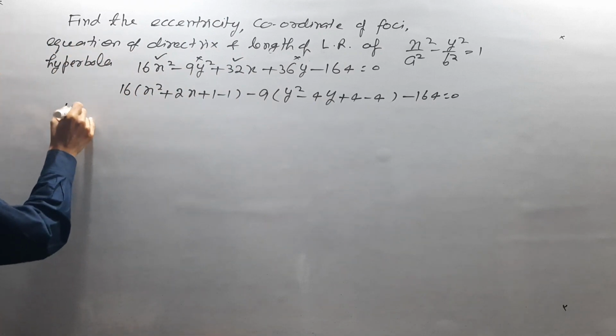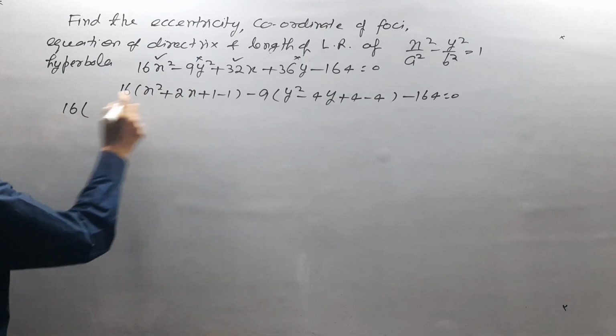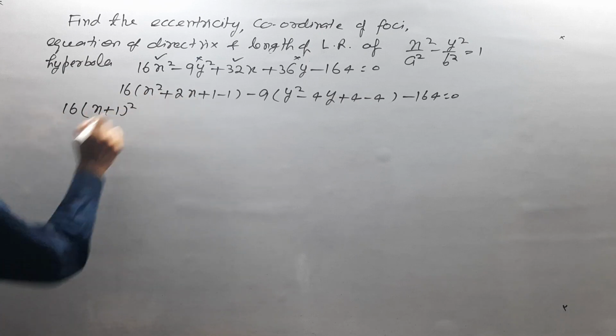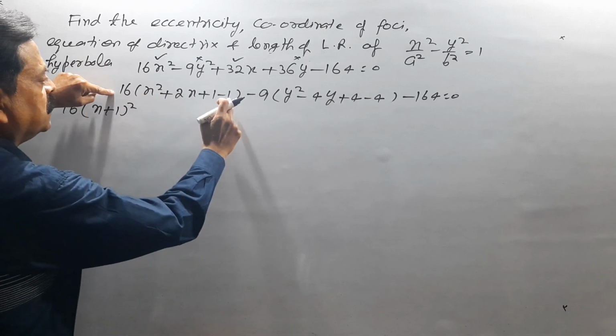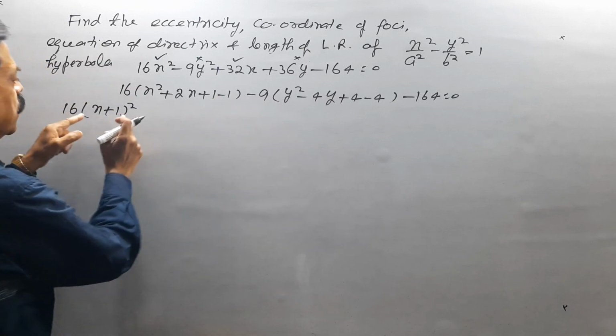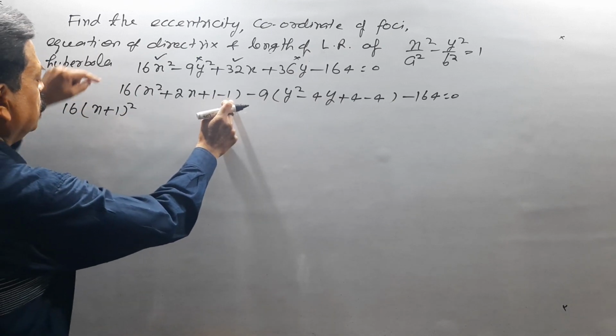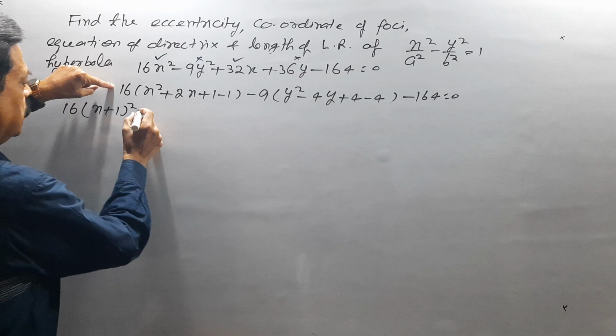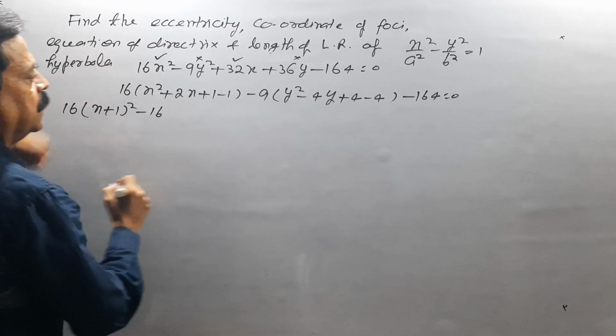Now we have 16 times (x plus 1) whole square, and one additional term is minus 16. 1 is included in this whole square and minus 1 will be left, so 16 times minus 1 means minus 16.